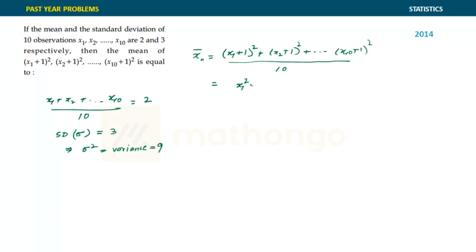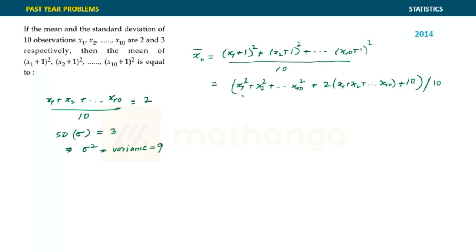This is x1 square plus x2 square till x10 square, plus 2 times x1 x2 up till x10 again, plus 10. This whole quantity can be written like this, and divided by 10 is already there.